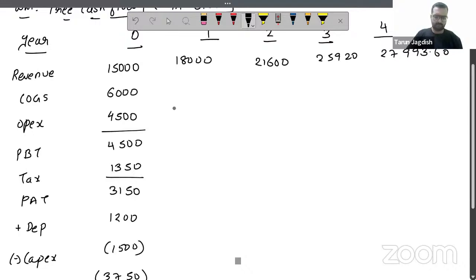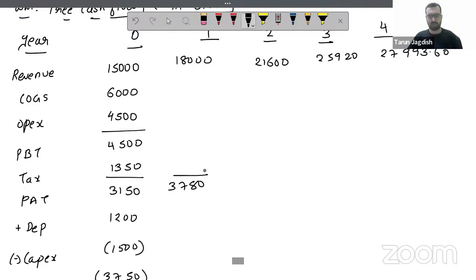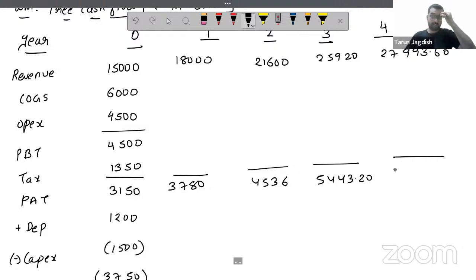So it will be 1.2 into 3150, 4536, and then into 8%. That will turn out to be 5878. Okay.